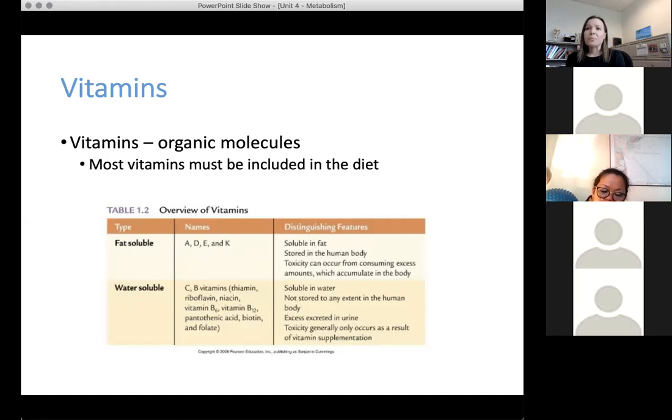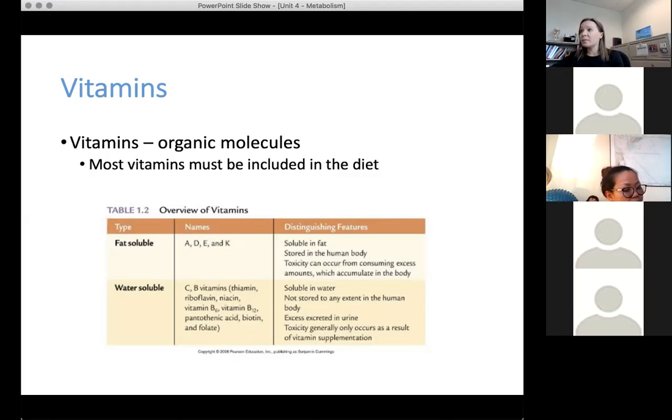Any amount that is not used pretty much right away will be excreted in urine. So excess amounts of these vitamins are not stored. Any amount that's not used, within an hour maybe, would be excreted in urine.